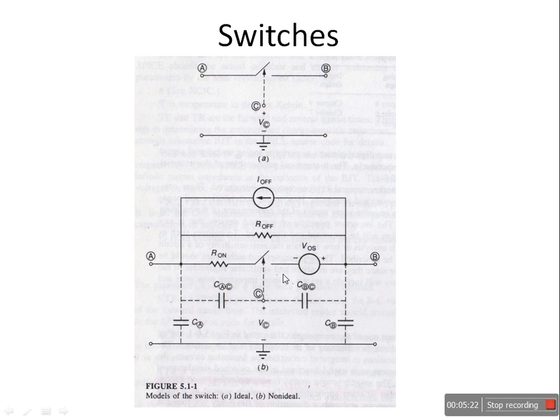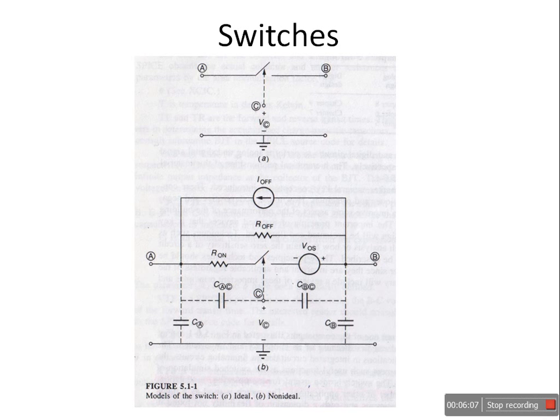So what is offset voltage? The offset voltage is the voltage that exists between terminals A and B when the switch is on and there is no current flowing between terminals A and B. It may seem a little complicated, that we are saying the switch is on and no current is flowing and yet a voltage exists, whereas we said that in the ideal switch there must be no voltage drop across terminals A and B in the on condition, and the current will be there.